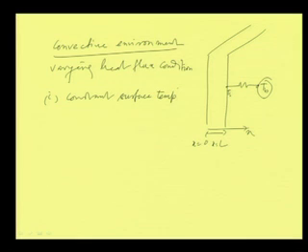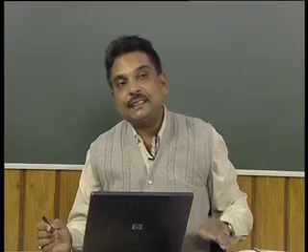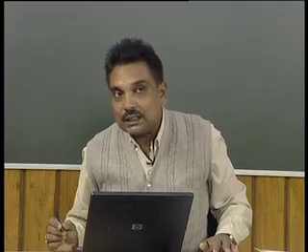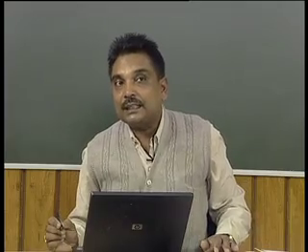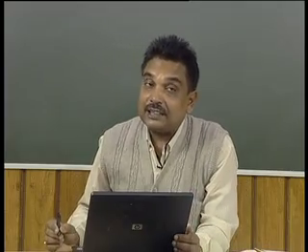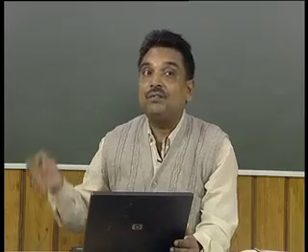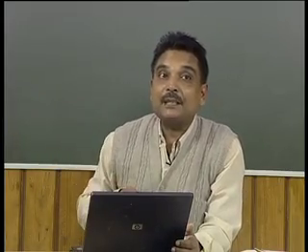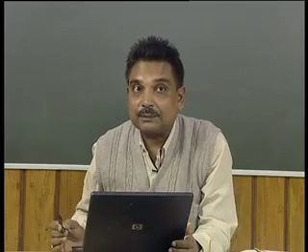This is supposed to be a known value, and constant surface temperature means there can be a resistance between the surface and the environment, but that is not of concern and is not taken care of while doing the analysis. Sometimes it is assumed that the temperature of the fluid of the environment is the same as the temperature of the surface, that is why it is sometimes called constant temperature.